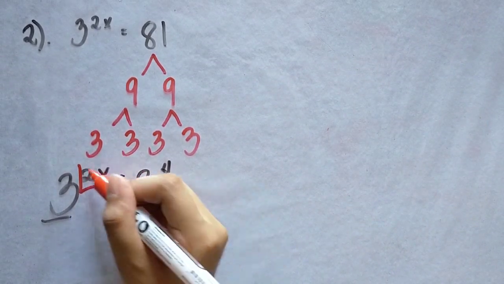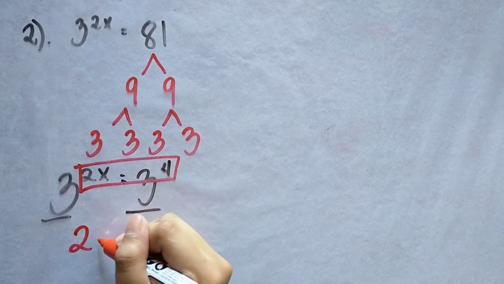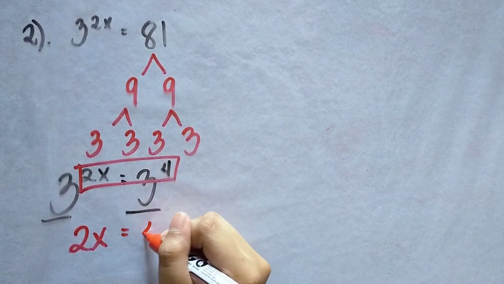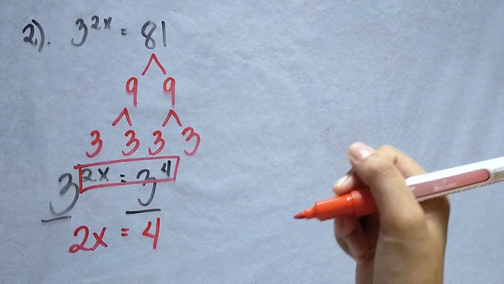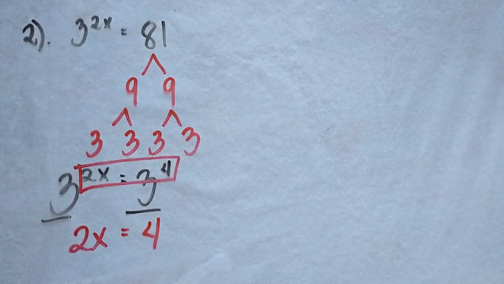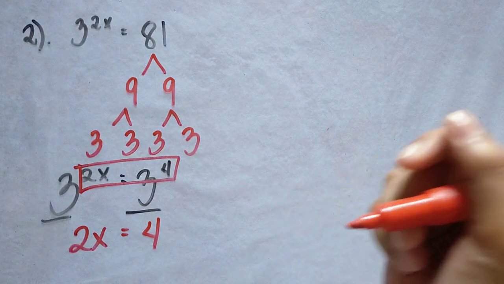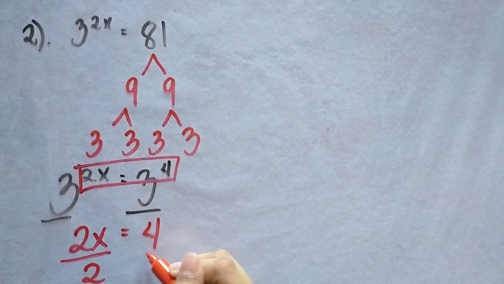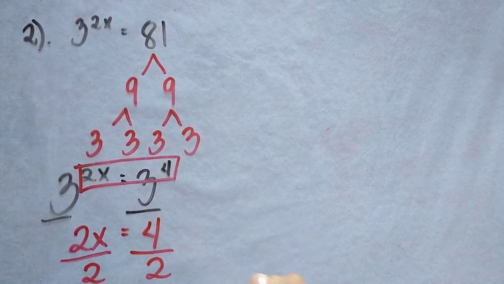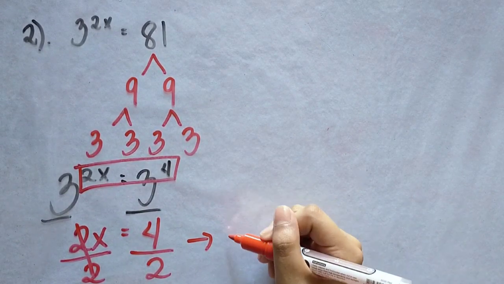So, 2x is equals to 4. Ngayon, hindi pa natin alam kung ano yung tamang sagot kasi may kasama pa si x. Ngayon, divide both sides by 2 para maiwan si x. Ngayon, we can already see the answer.